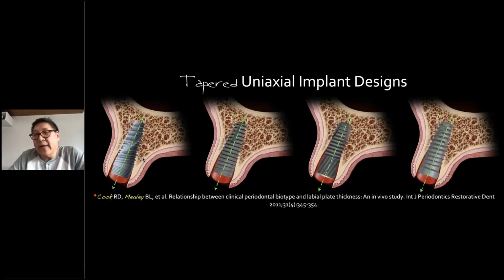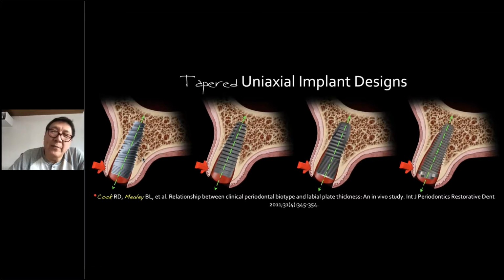Again, if we try to angle the implant more toward the palate to engage the triangular bone that Scott talked about, we then have the problem of bringing the wider part of the implant more toward the crestal part of bone, which tends to be the thinnest. So we've now brought the widest part of the implant to where the bone is the thinnest. And to me, that really never made any sense.